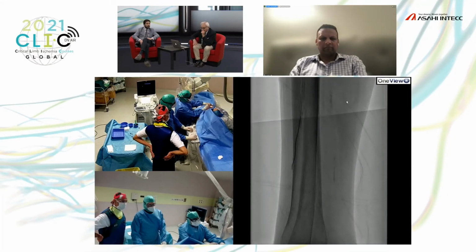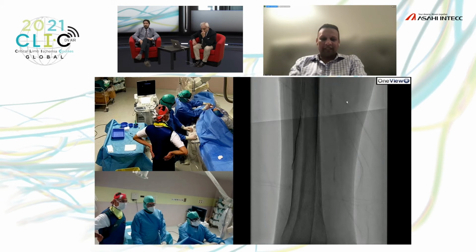Shannon, do you have experience with this wire? Yes. I usually use the Gladius as my first wire. I know you started with Halbert here. Gladius is usually my first. Halbert is very good. Marco, one thing we probably haven't spoken about is the importance of using the microcatheter with this particular technique to assist in crossing such tough lesions.